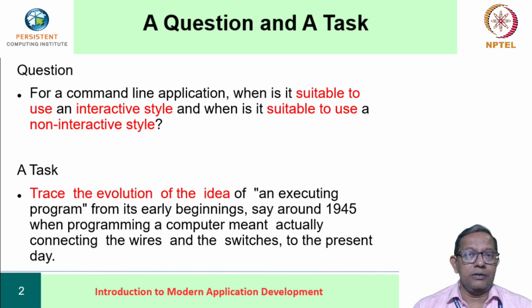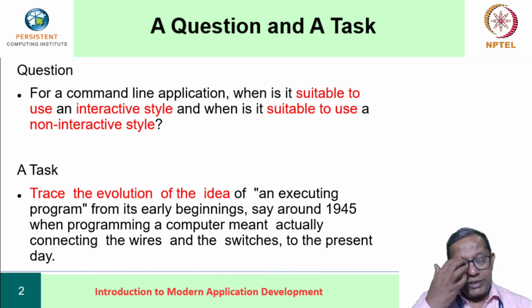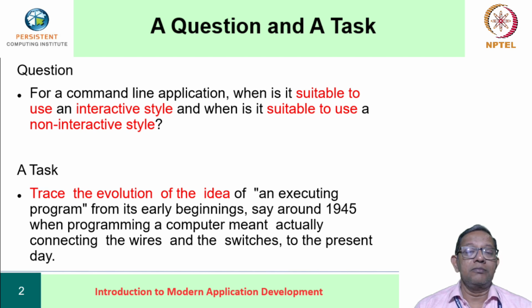Trace the evolution of the idea of an executing program from its early beginnings. Computing machines have come up since around 1945, but in those days, programming a computer meant connecting the wires and the switches. So the idea of an executing program was quite different in those days.